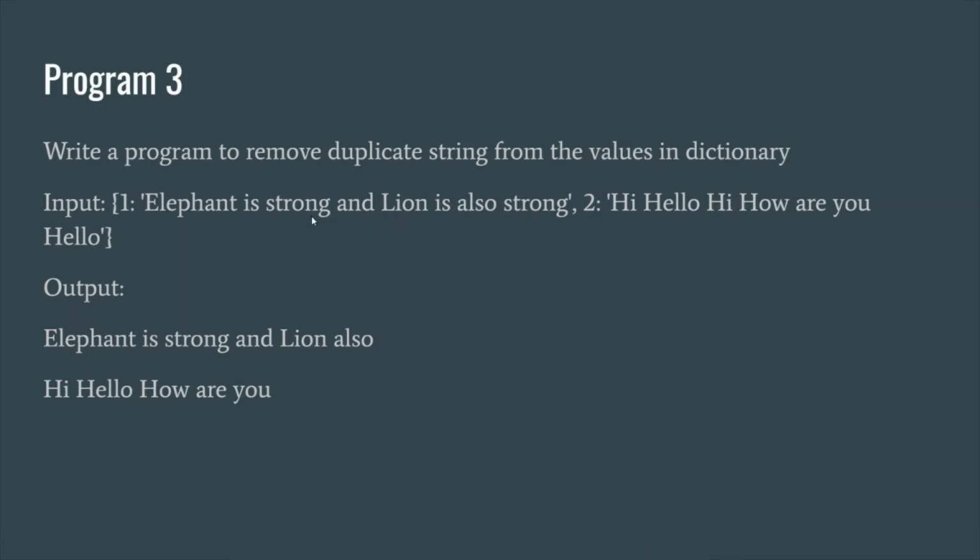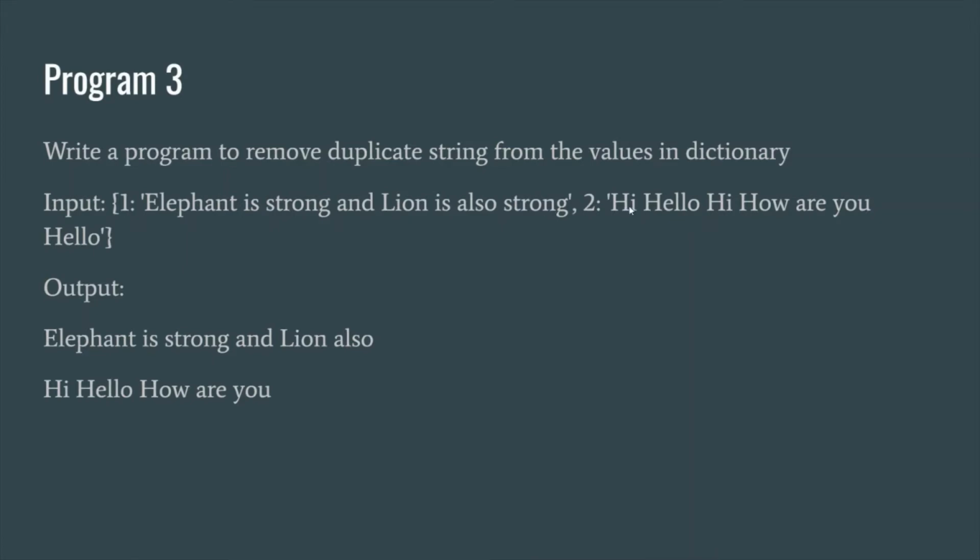Here, is and strong are each repeated twice. So in the output, it will be elephant is strong and lion also, because we have to remove this is strong since it is repeated twice.